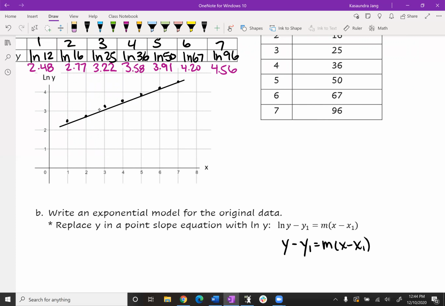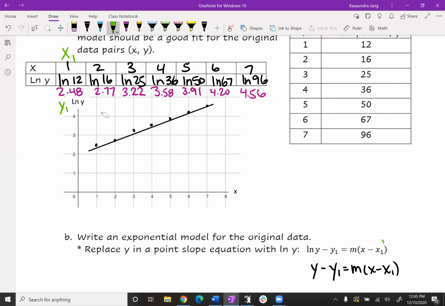So basically our first point here is going to be my x1, y1. So that's what I have to plug in for my x1 and y1 on this equation. So my x1, we're putting a 1 in for that, and y1 is that 2.48. The natural log of y stays natural log of y.